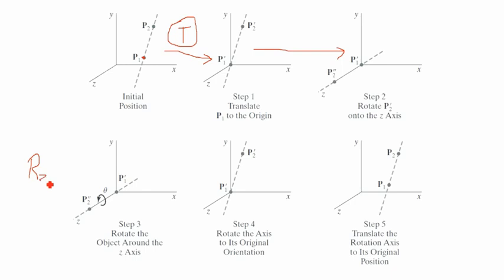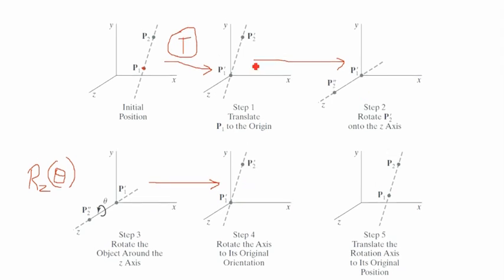So since this axis is aligned with z-axis, we apply rotation around z-axis. Once it is rotated around z-axis, we rotate the axis back in such a way that it goes back to its original orientation, to this step, right?